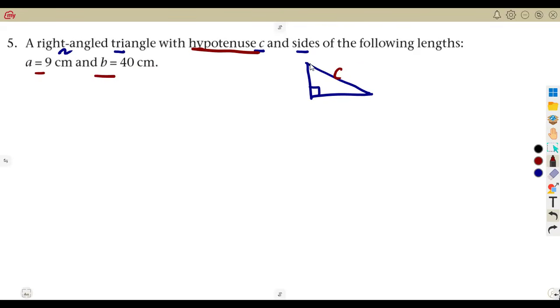So let's say this is our A, which is 9 centimeters, and our B, which is 40 centimeters. Remember, the question is to find the hypotenuse. The question is still on determining the length of the hypotenuse.